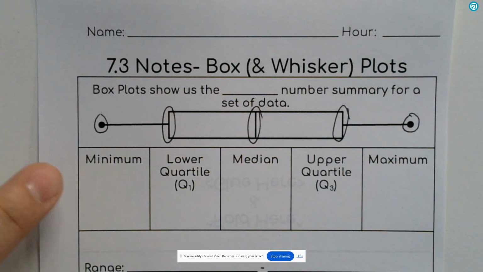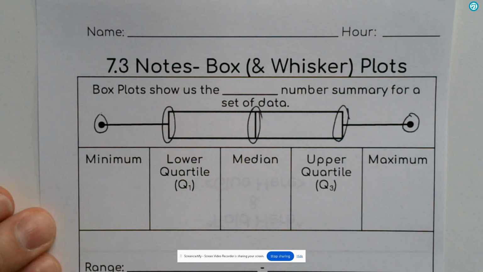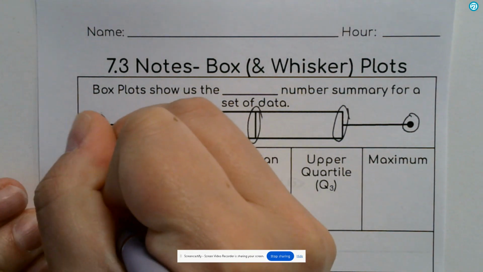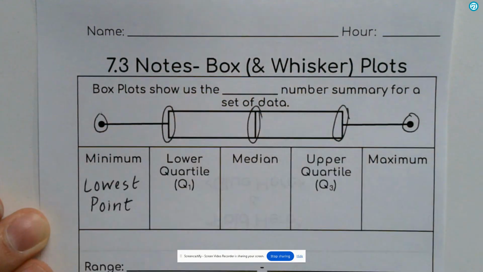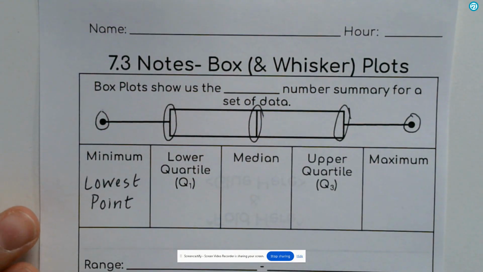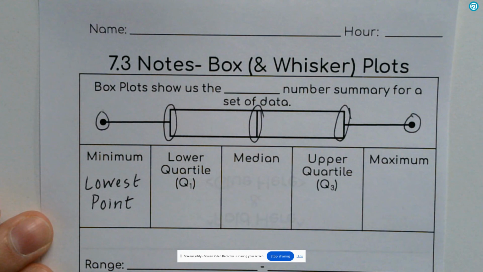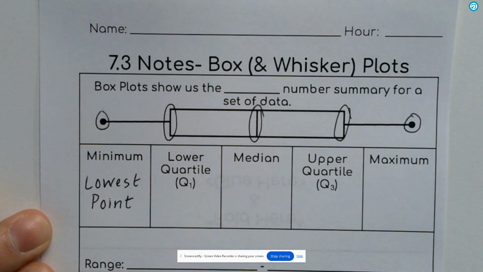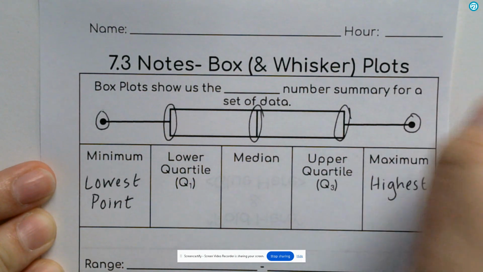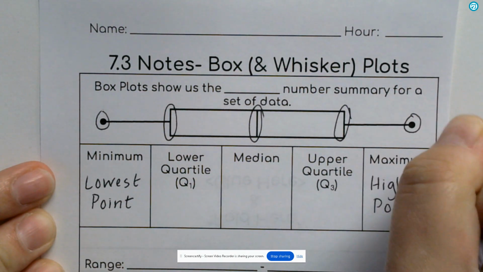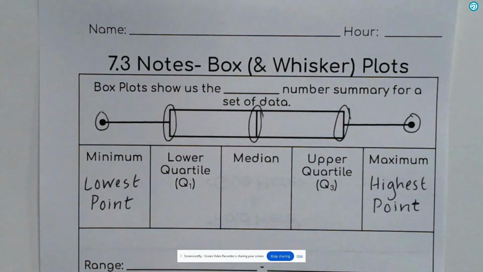So the bottom dot, the furthest left dot, is going to be your minimum. That's your lowest point. Furthest to the right is your maximum. That is your highest point. You've got a minimum and a maximum.